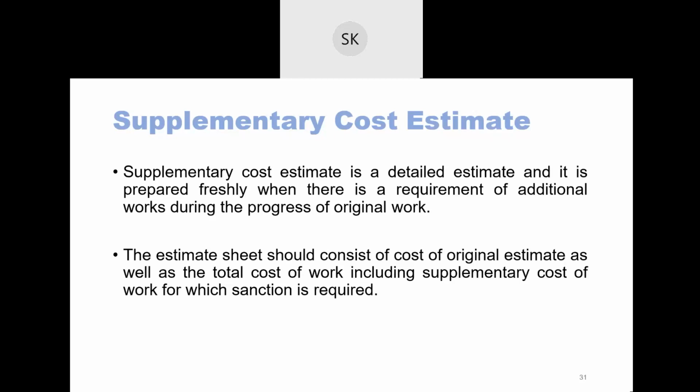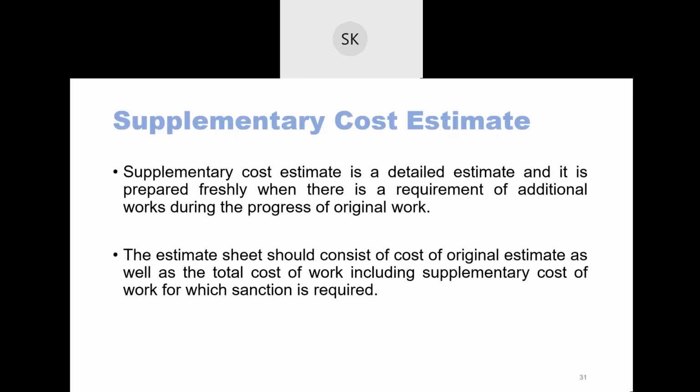I have a river in between my road length. When I do the work, some conditions come up so that I have to construct one culvert also. If I don't construct a culvert, it won't be easy to divert the river.